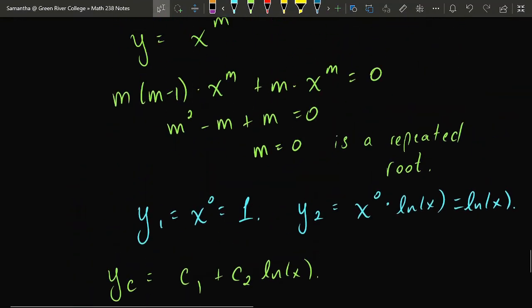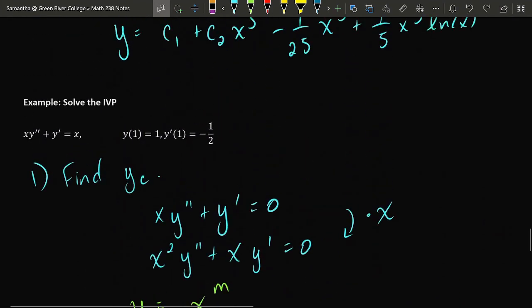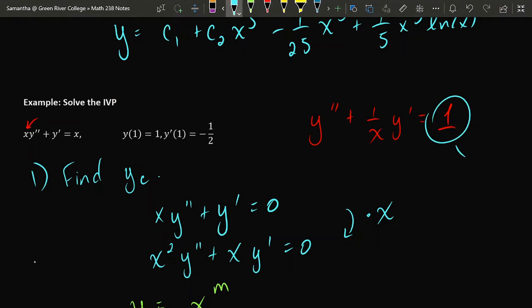So scrolling back up to my differential equation, let's start by identifying the true value of f of x, which requires us to rewrite the differential equation in such a format that y double prime stands alone. So in this case, dividing everything by x to isolate y double prime, we see that the true value of the function on the far right side is 1.